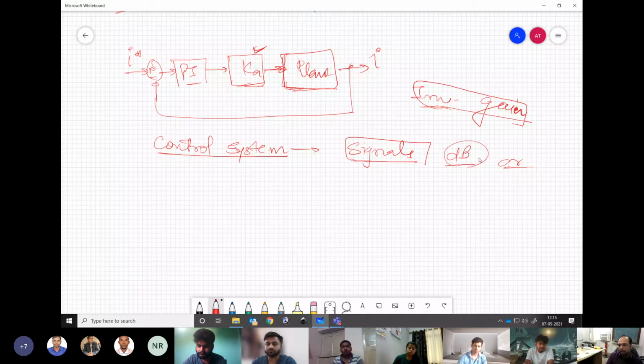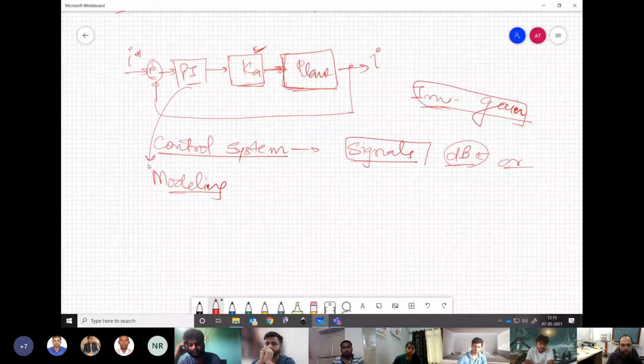But generally, signal is represented in dB in control system. So when we are doing modeling for each and every part, this is what we are doing. We have represented PI, the controller, as Kp plus Ki by s. This is modeling of the PI controller according to what its nature is. It has a proportional component and integrator component.